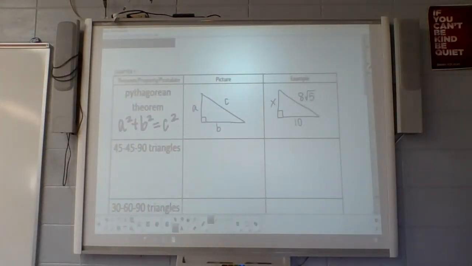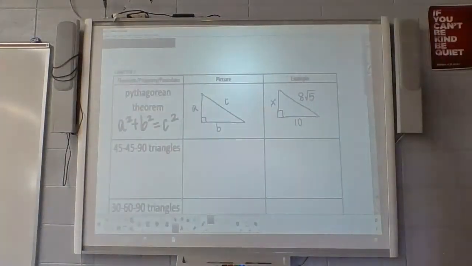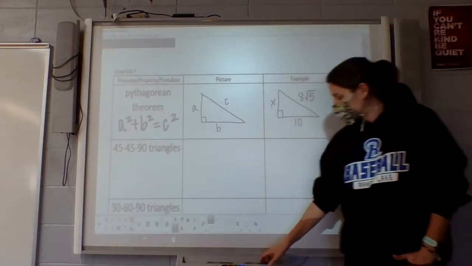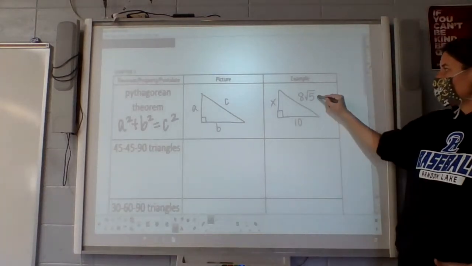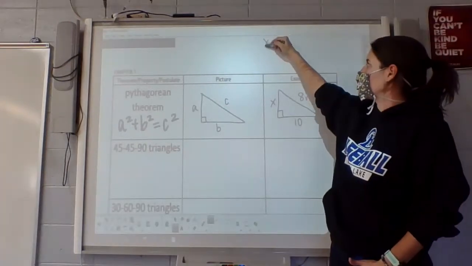I wanted to include something that has a more complicated side length rather than a whole number. So just reminding you how to simplify or square something like 8 square roots of 5. 8 square roots of 5 has to be my c, and I'm going to do a squared plus b squared equals c squared.